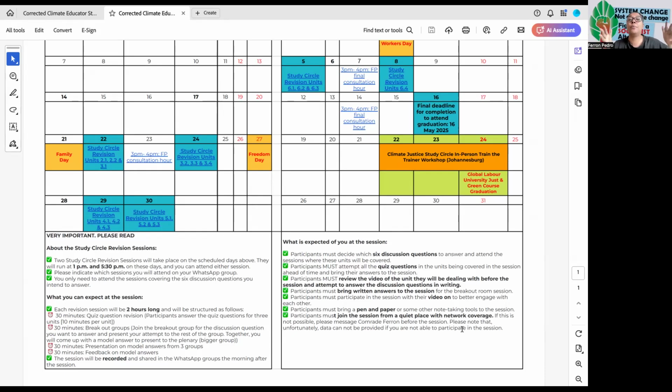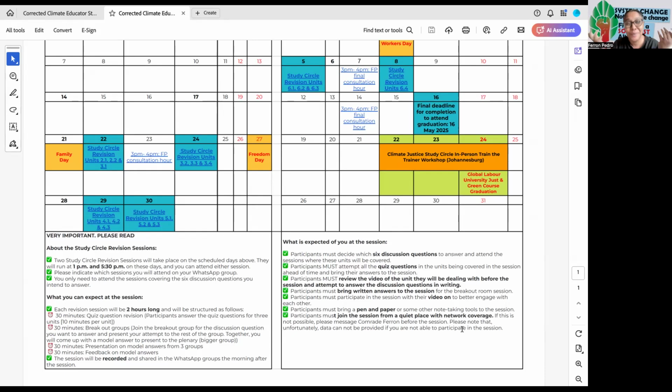This is really like a booster series just to help comrades complete the course. It's not just a continuation of the study circles. This is now, if you really want to complete the course, you're serious about completing it, and you need support in these different areas, this is available to you to use.